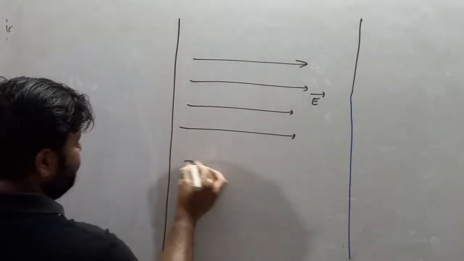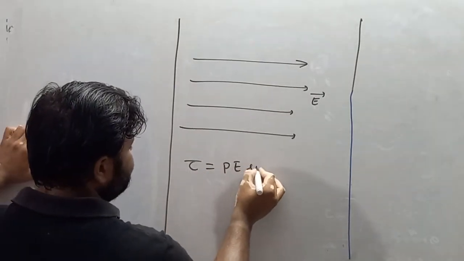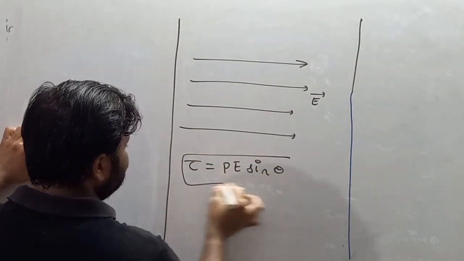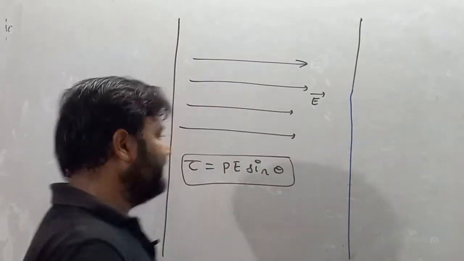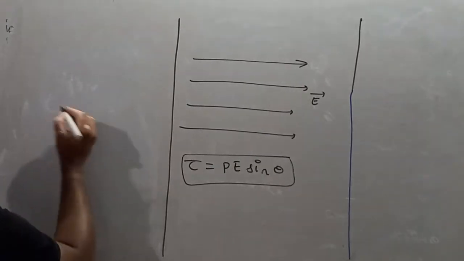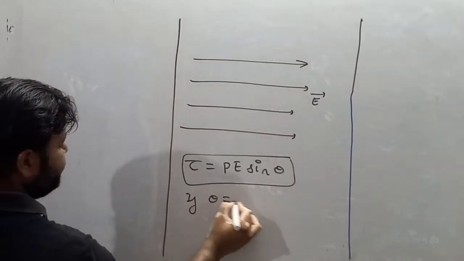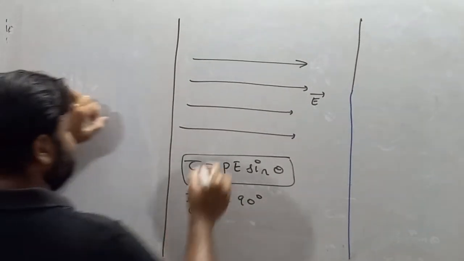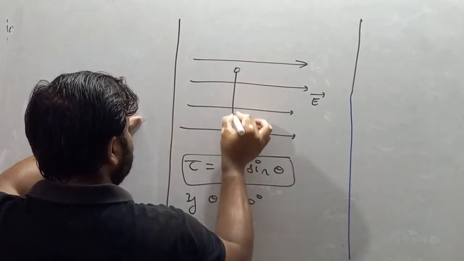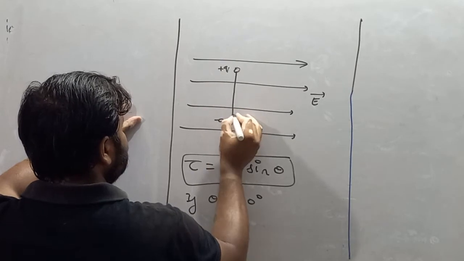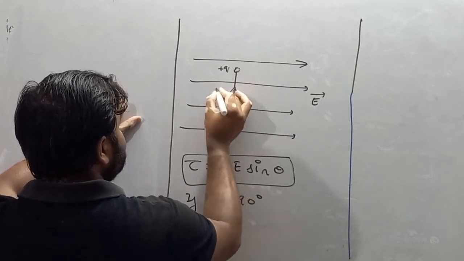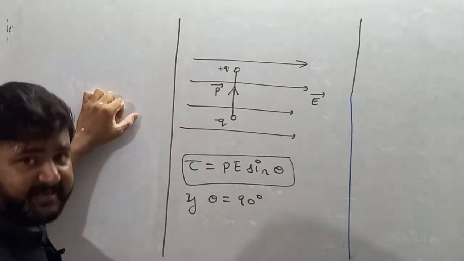We know that the value of torque is PE sin theta, where theta is the angle between the dipole moment and the electric field. Let's suppose theta is 90 degree. Say we have a dipole system like this, minus q plus q, and the dipole moment is from negative to positive.